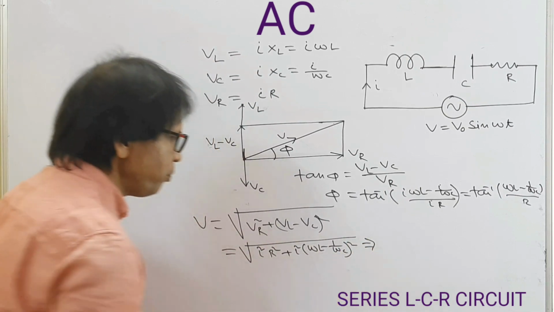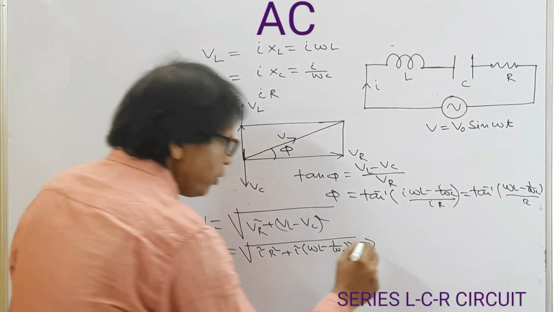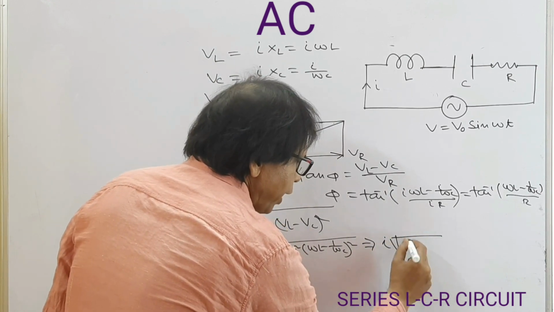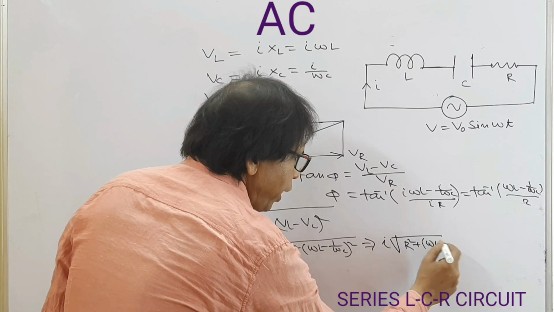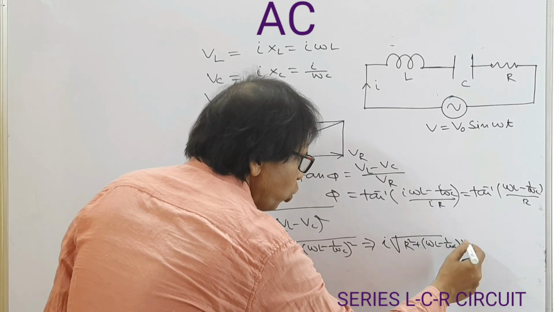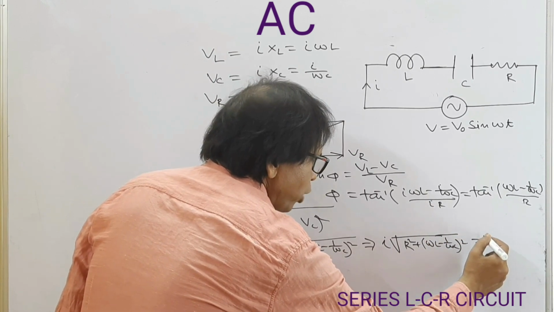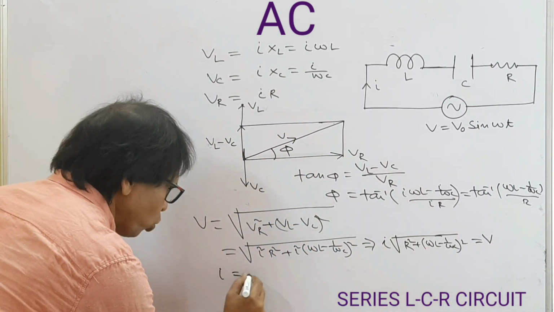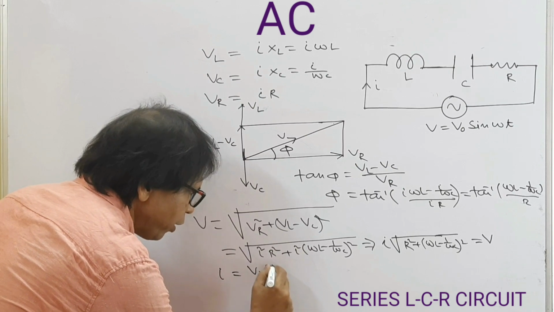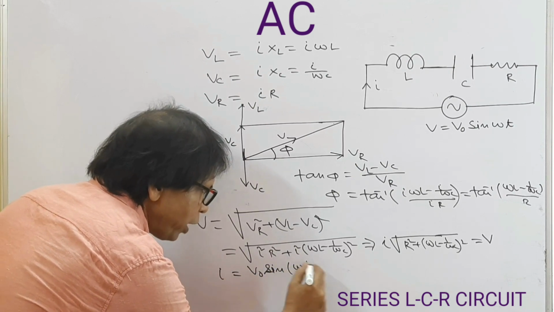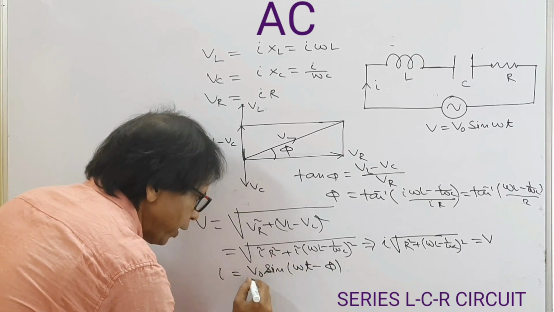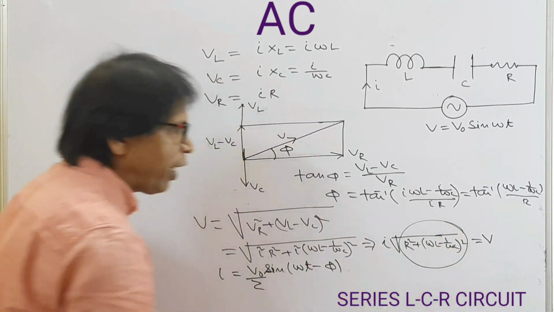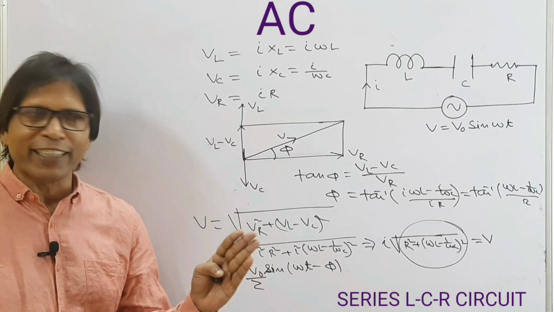So look at this, here I into root under of R square plus omega L minus 1 by omega C whole square equals V. Now look at this, I equals V naught sine omega t minus phi divided by Z. This term Z is the impedance of the LCR series circuit.